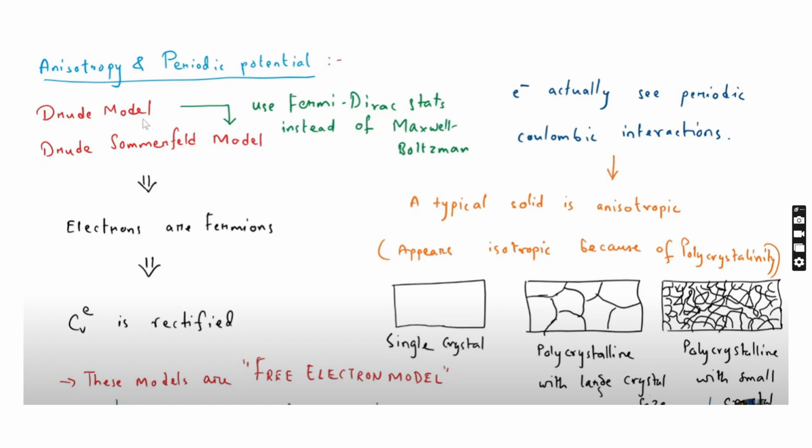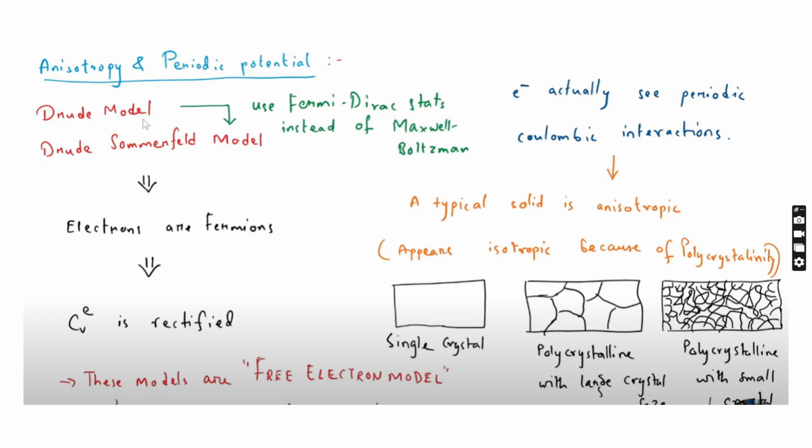But then we noted that classical particles are identical but distinguishable. In reality, electrons are quantum particles, which are indistinguishable and identical, so they follow Pauli's exclusion principle.